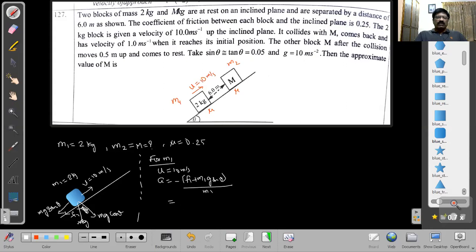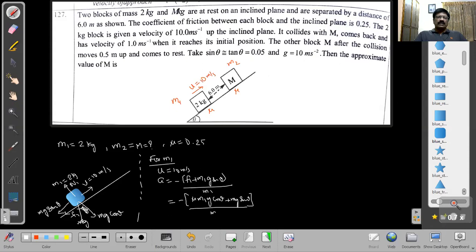Here F1 means mu into normal reaction, M1 g cos theta, because the weight component mg cos theta acts in this direction, which means the normal reaction N1 acts on the block in the upward direction. Then mu into M1 g cos theta plus M1 g sin theta, whole by M1.